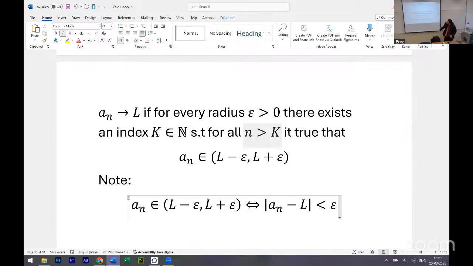Saying that a_n is within L minus epsilon and L plus epsilon is the same as saying that the distance between a_n and L is no more than epsilon. Sometimes we use this equation, and sometimes we use this form of an equation. I will use both during class. So you need to convince yourselves that these are actually equivalent algebraic claims.